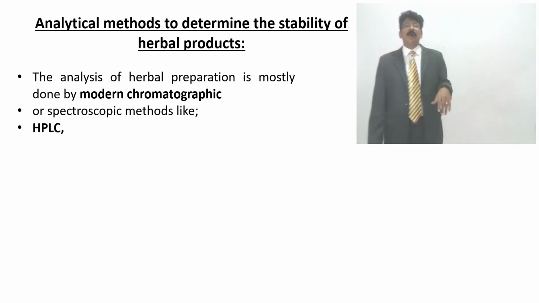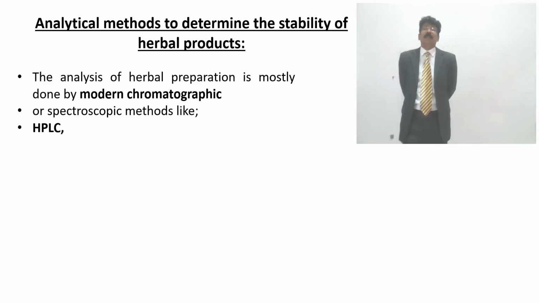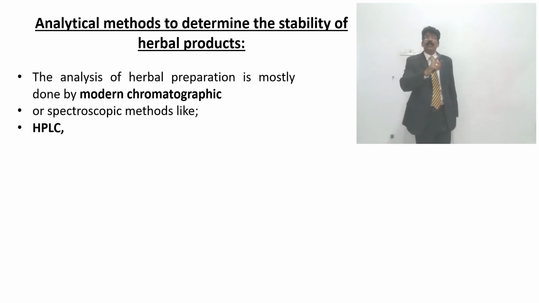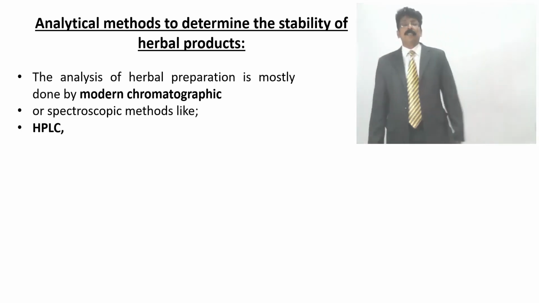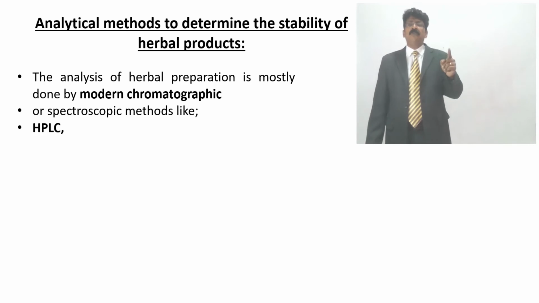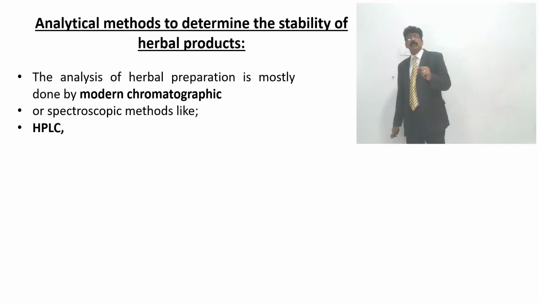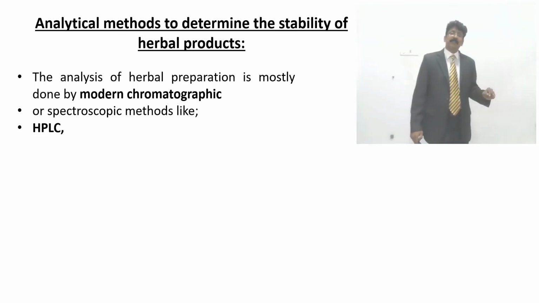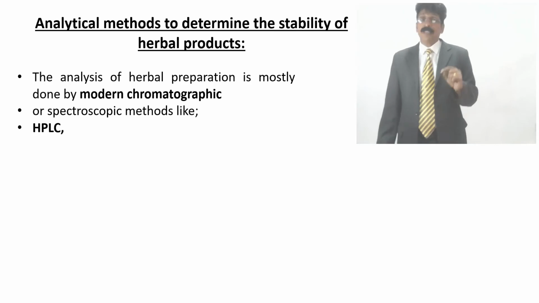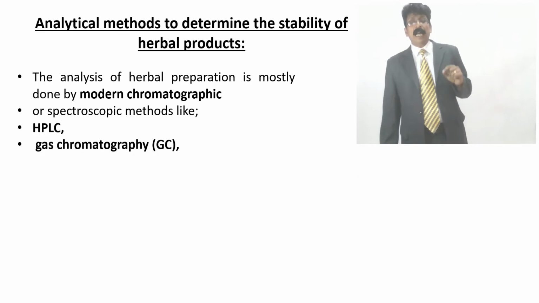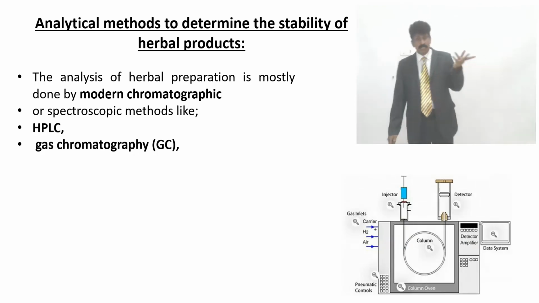Now we are going to see the analytical methods for determining the stability of herbal products. The analysis of herbal preparations is mostly done by modern chromatographic or spectrophotometric techniques like HPLC and gas chromatography.